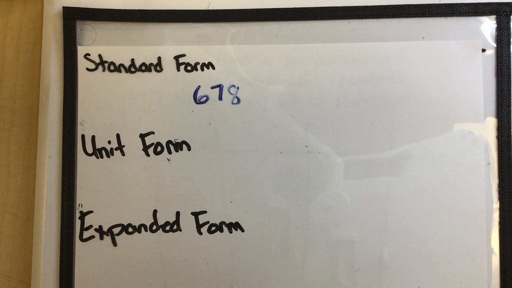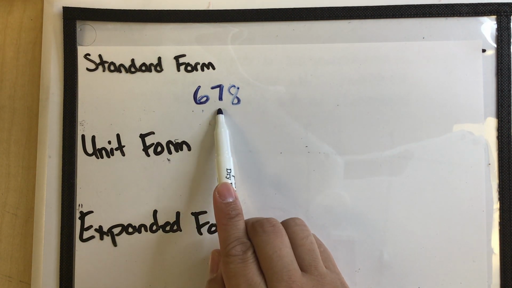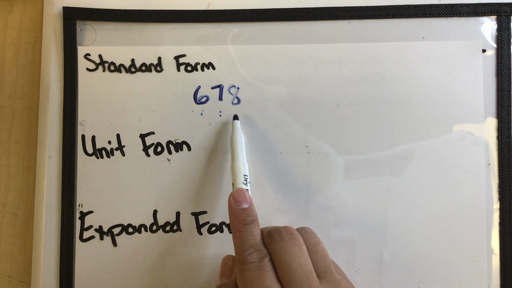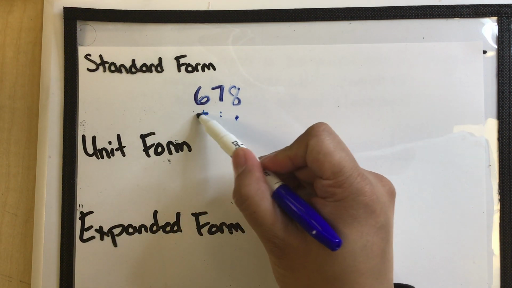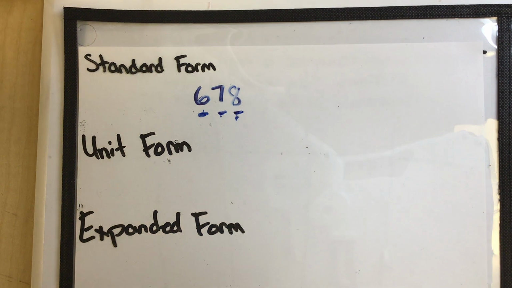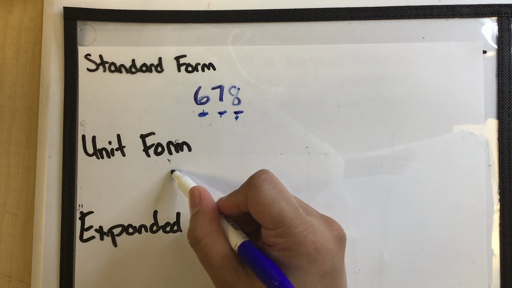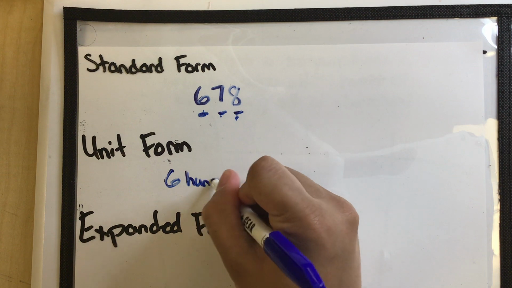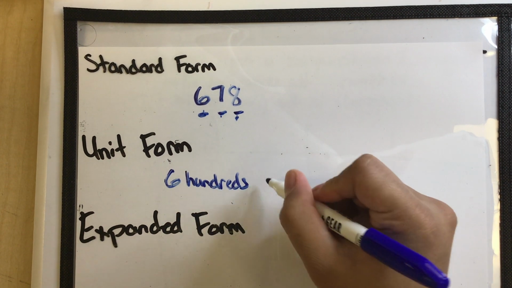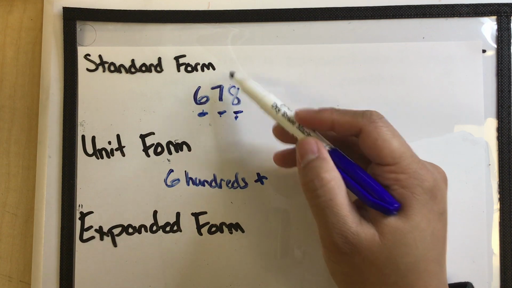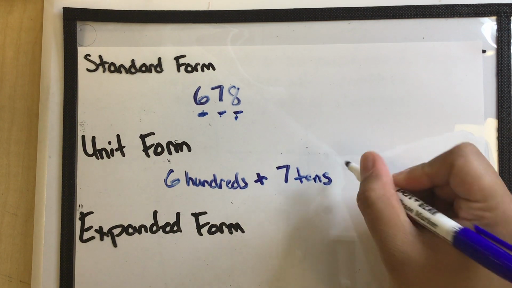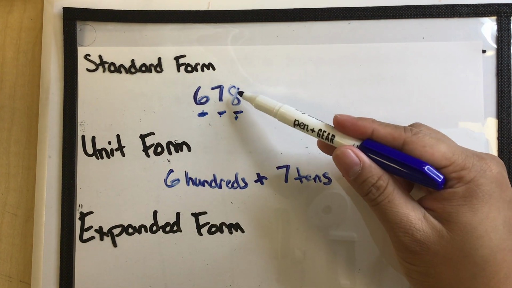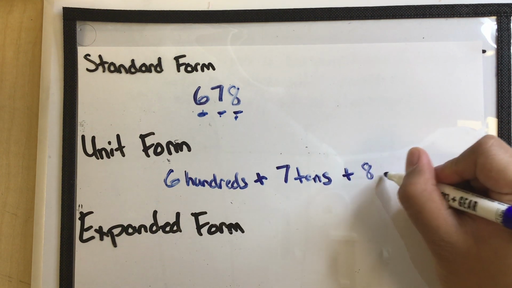Now, what about the units? If we're looking at the units, we're looking at each individual digit and what its value is. Here, the 6 is in the hundreds place. Ones, tens, hundreds. So in unit form, that's going to be 6 hundreds plus our 7 is in our tens place, so 7 tens, plus our 8 is in our ones place, 8 ones.